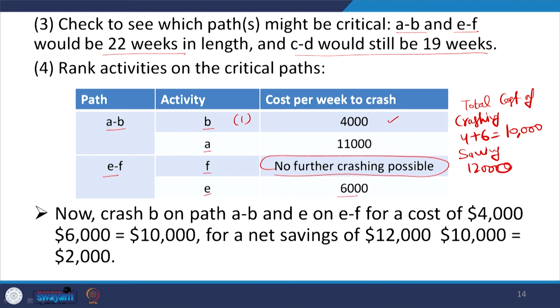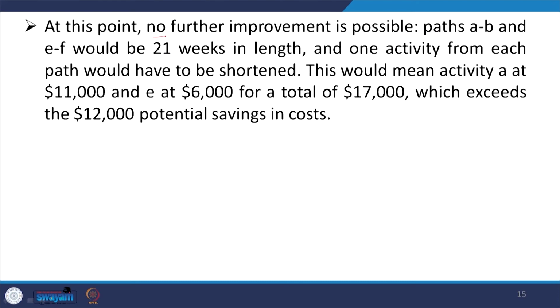So, net saving 12 minus 10, 2,000. So, still you are able to save 2,000. Now, the project duration has reduced to 21 weeks.